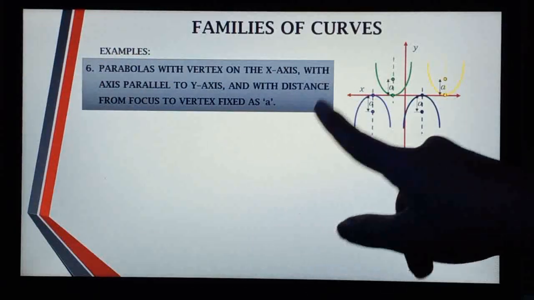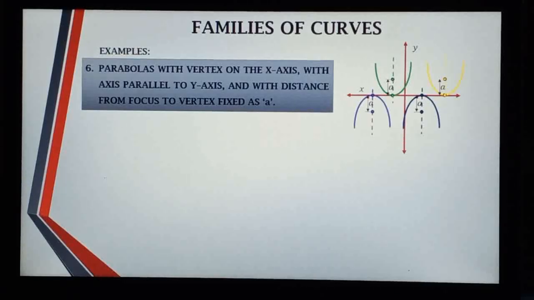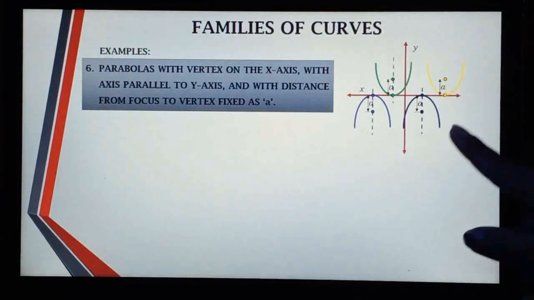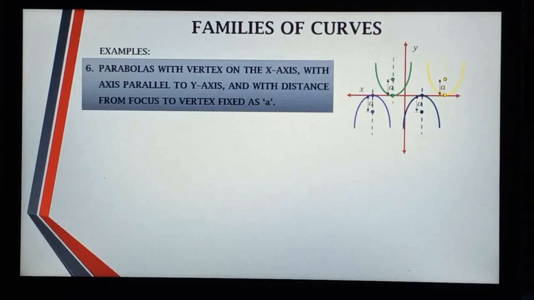So all you have to do is to get the differential equation of these parabolas. So syempre, we have to use the equation of the parabola facing upward or downward. So in that scenario, we have the formula, which is the quantity of x minus h squared equals plus or minus 4a multiplied to y minus k. So i-apply natin ngayon yung condition.